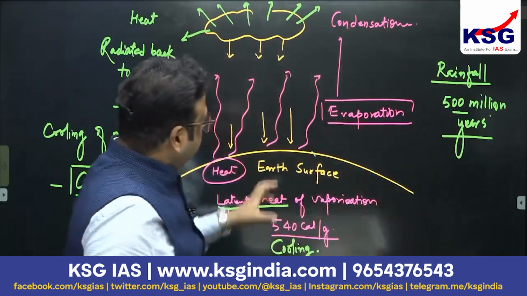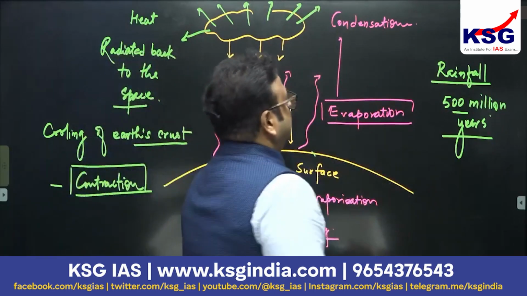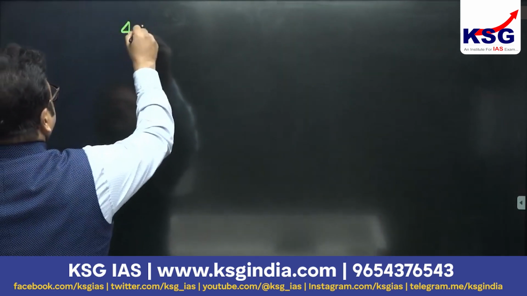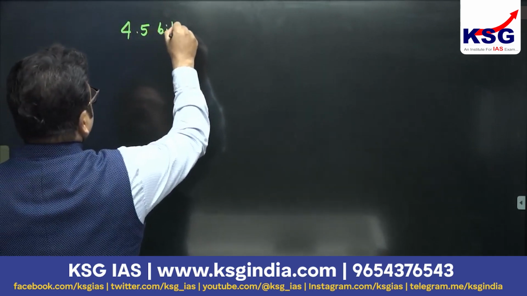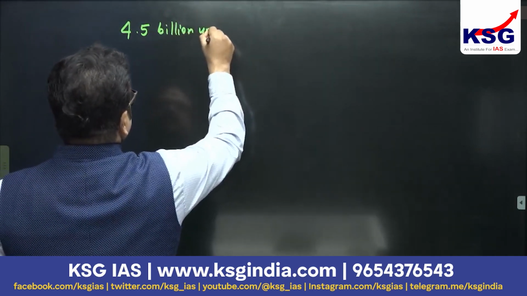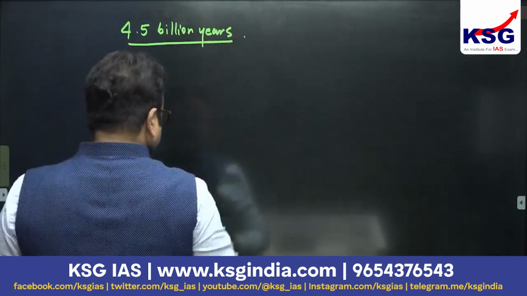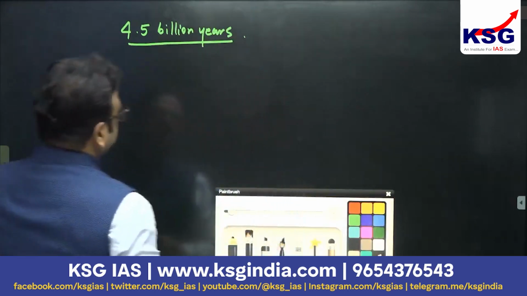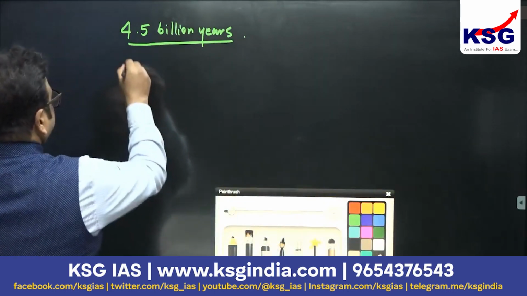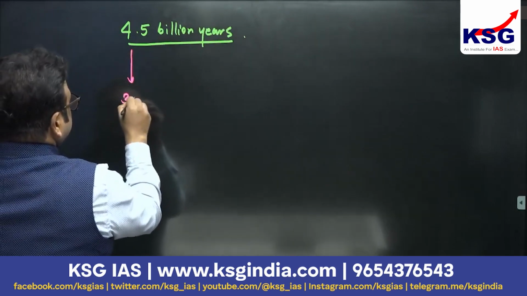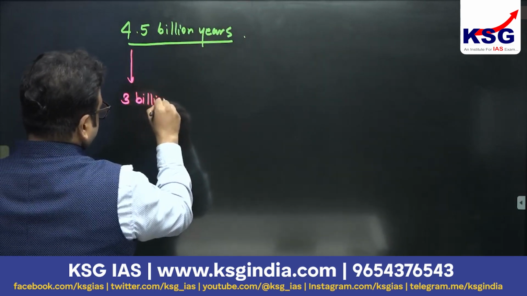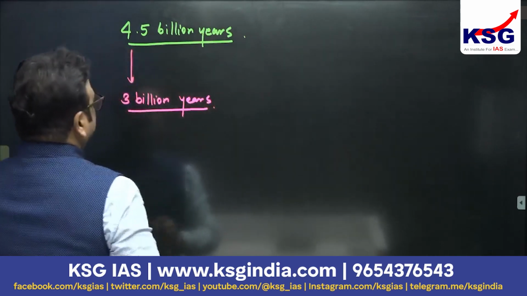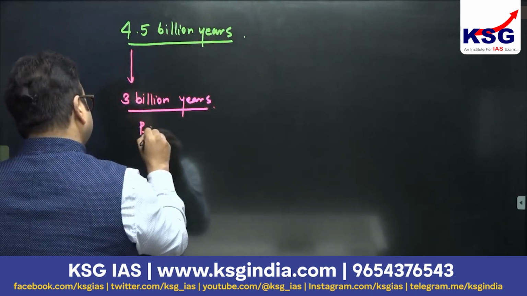When this entire thing was happening over there, if we have a chronology, almost 4.5 billion years back, this was the birthday of earth, means almost this is the time when earth was created, and from 4.5 to 3 billion years, this was the time when primitive atmosphere was there.